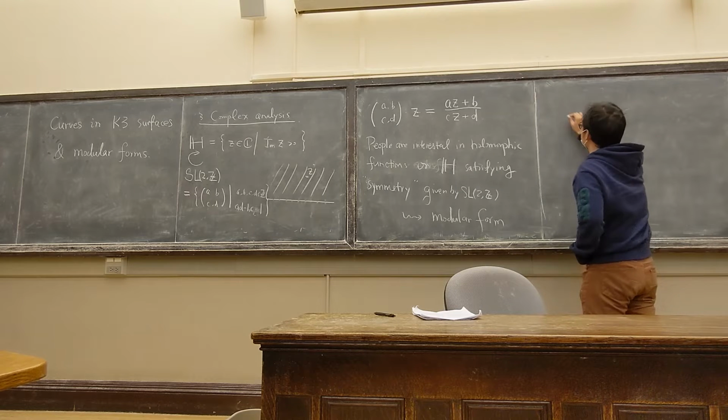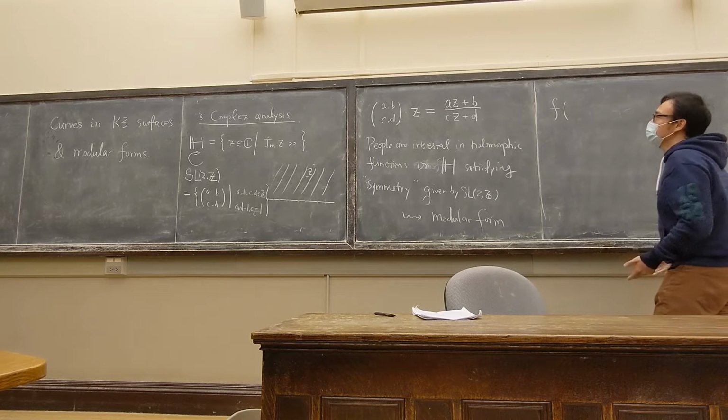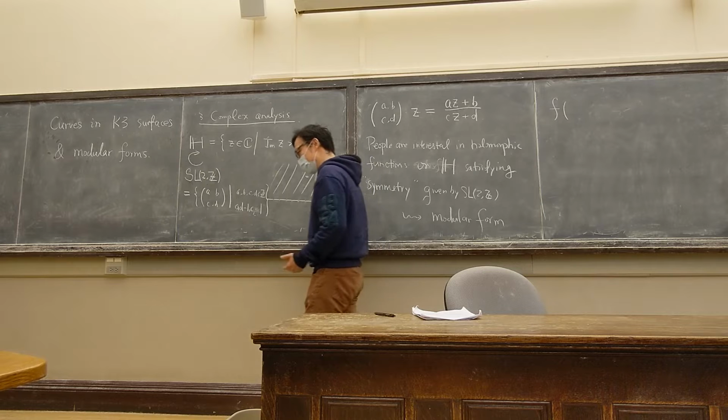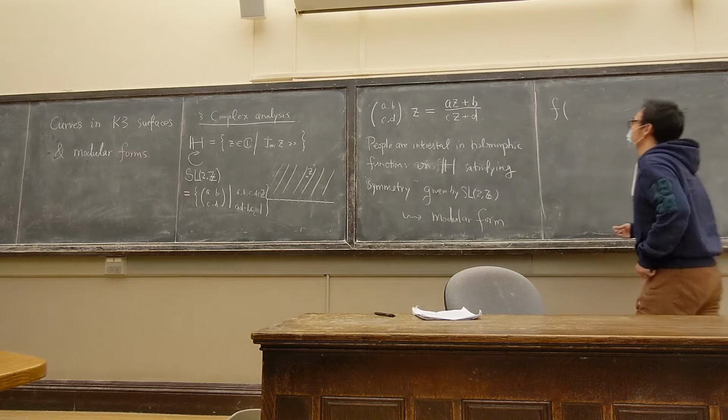Okay, so let me just give you a little more precise definition of what these functions are. So we care about functions which are in some sense invariant under this SL2Z, but if we only require that, there are too few functions satisfying this property, so we relax our condition a little bit.